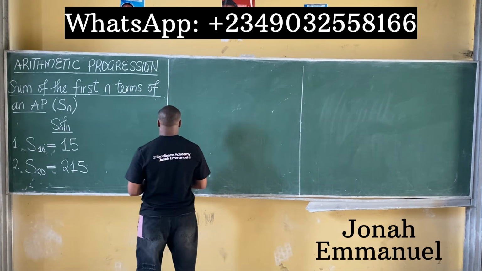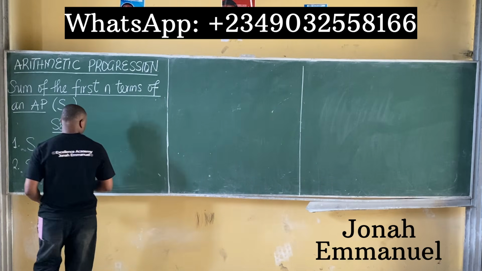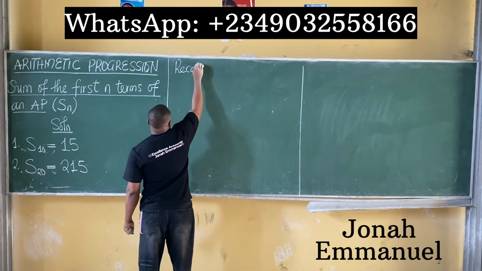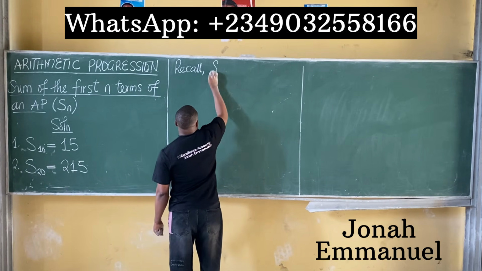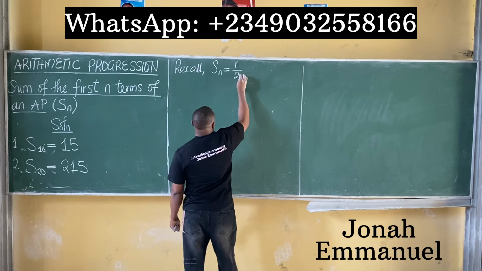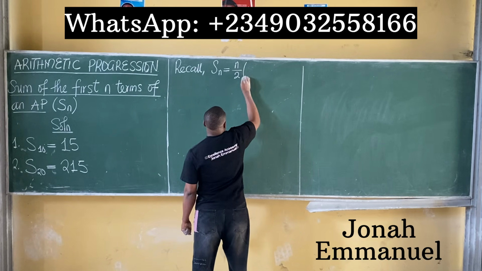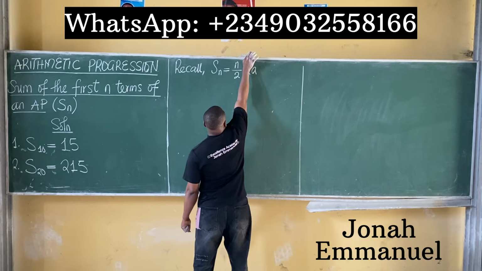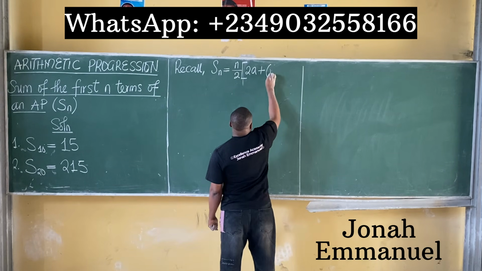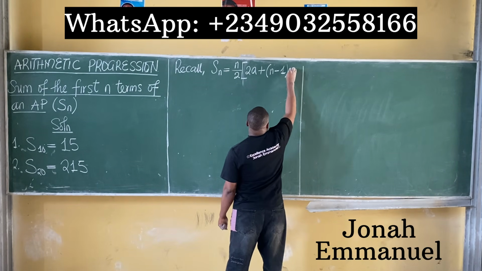Let's recall the formula. Recall that when it comes to the sum of an AP, the sum of n terms of an AP is equal to n over 2 into, it should be a square bracket, 2a plus (n minus 1)d.